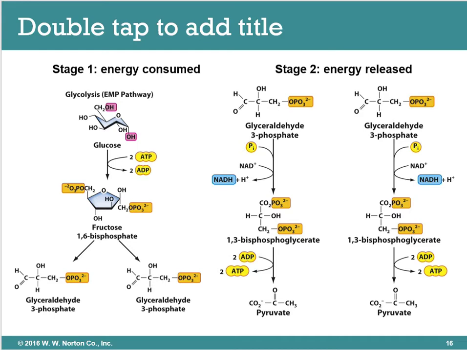And from that process, from pyruvic acid to acetyl-CoA, you produce an NADH and then a carbon dioxide. That's all I want you to know in terms of those two slides. Like I said, I was just showing you this slide to show you that it is not as simple as I was making it out to be. So I'm not going to expect you to know these god-awful structures.